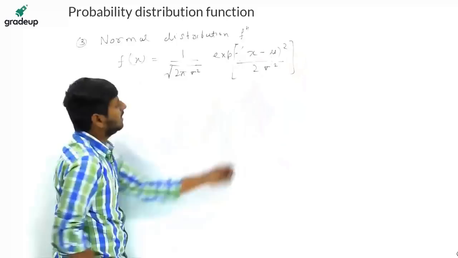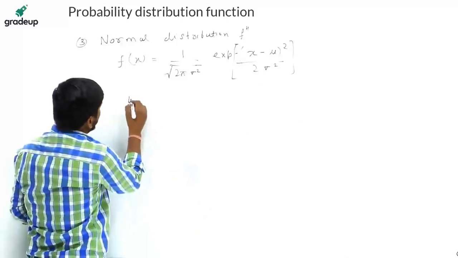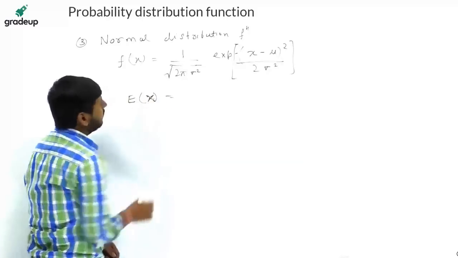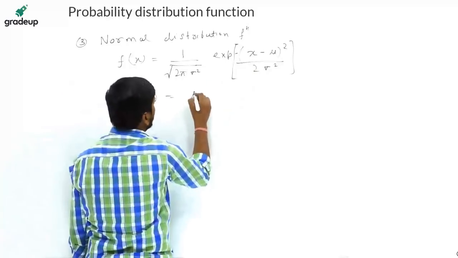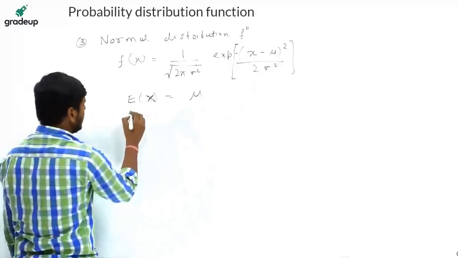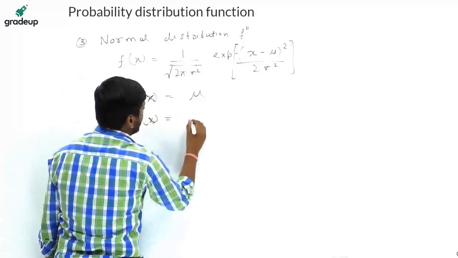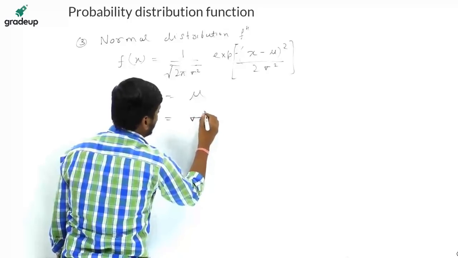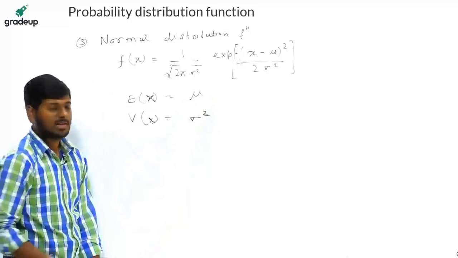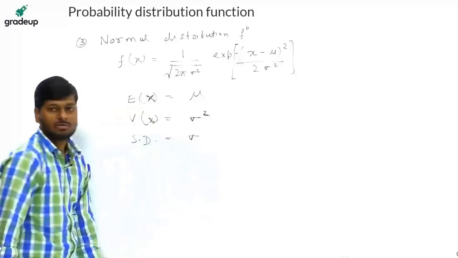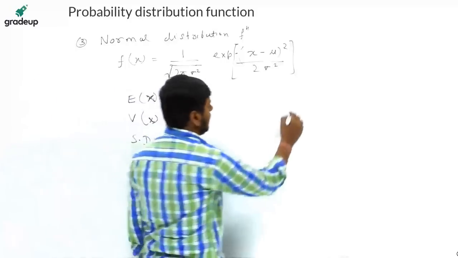What is sigma and what is mu here? E(x), that is the mean. Mean of this function is equal to mu. And what about the variance? Variance is equal to sigma square. Sigma is the standard deviation and variance is sigma square. So this is the distribution function.